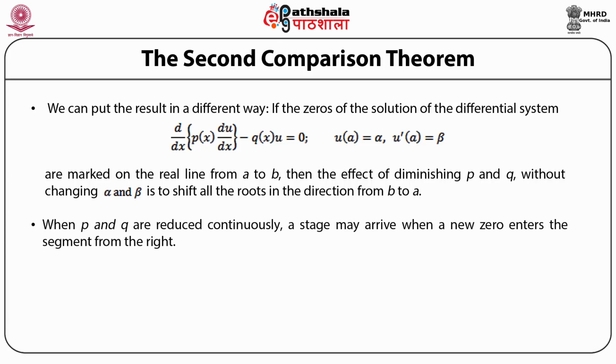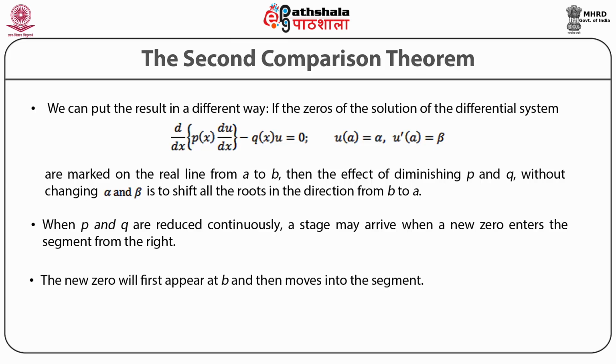When P and Q are reduced continuously, a stage may arrive when a new zero enters the segment from the right. The new zero will first appear at B and then move into the segment.